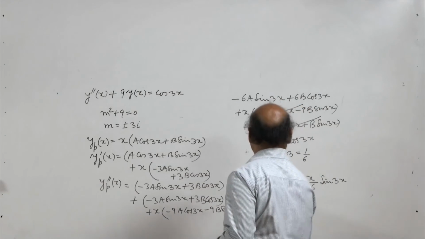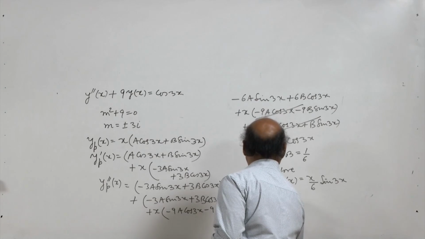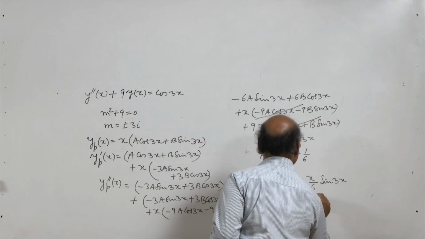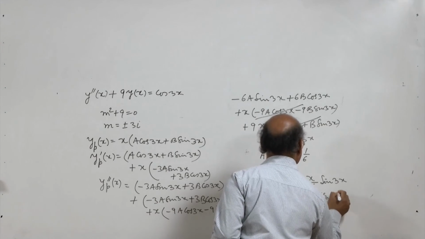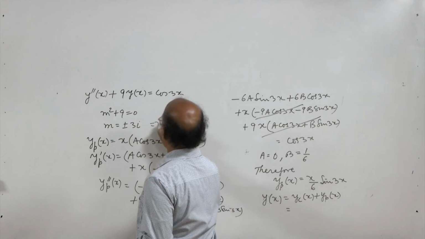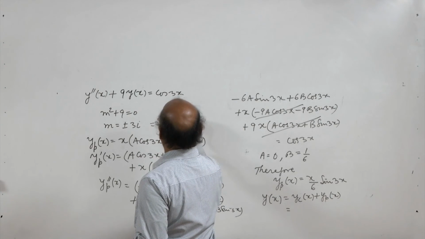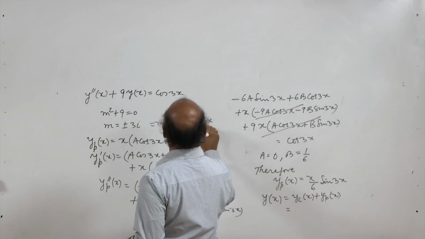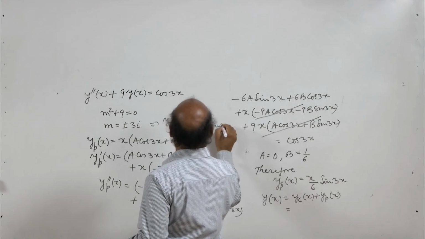And thus the general solution y(x) is equal to y_c(x) plus y_p(x), where y_c(x) here is some constant c1 cos 3x plus c2 sin 3x.